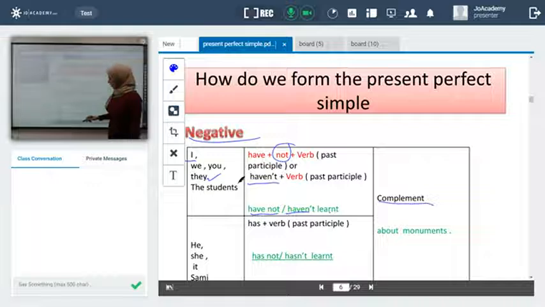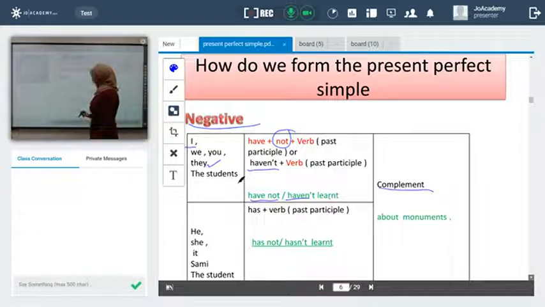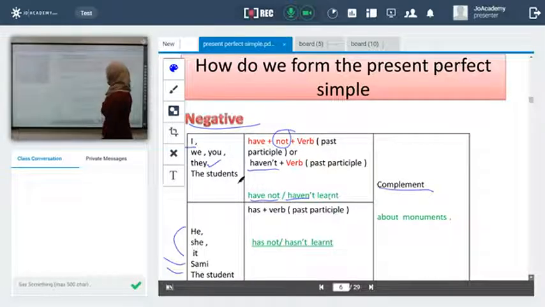Okay. What about number 2 or the second part? When we have he or she or it, third person singular pronouns, or when we have a name of a person or a singular proper noun, very good, we use has plus not.